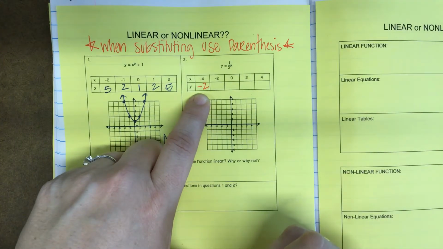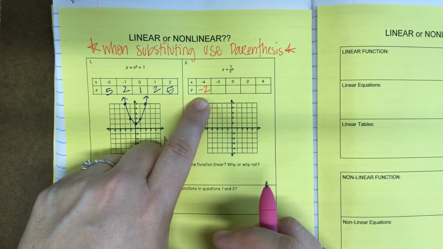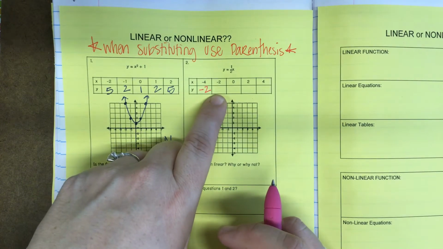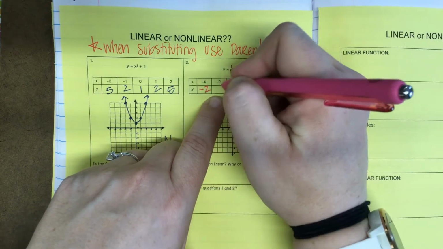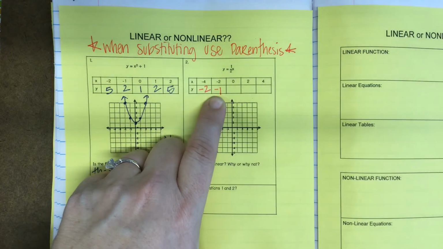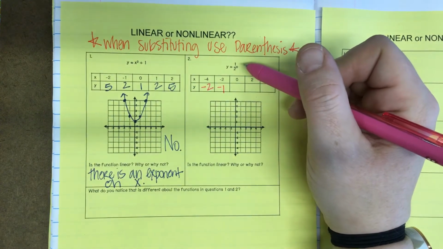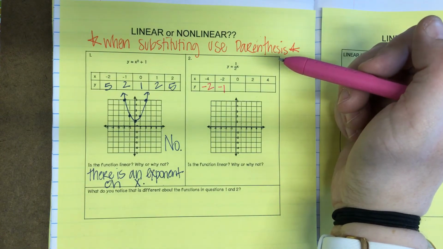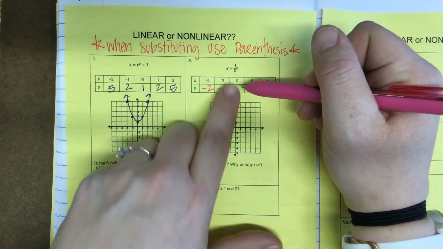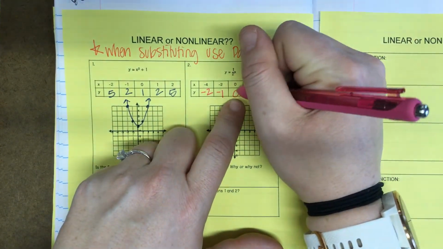Good. So this is -1. What's half of -2? -1. How are you getting this? 0. What's half of 0? 0.